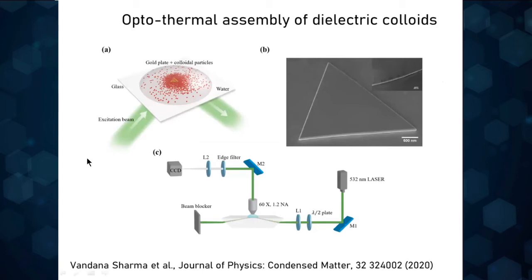Going further, we can also look at opto-thermal assembly of dielectric colloids. In the previous case, what I was talking about was mainly colloids which were metallic nanoparticles. You can now take, let's say, silica particles and ask what happens if you do a similar experiment where you have a triangular single crystalline gold structure. You illuminate that gold structure with the laser beam and ask what happens to the colloids in that environment.